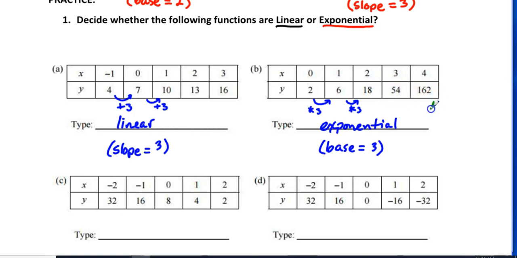So you can do 162 divided by 54. You grab a calculator and figure that out, and it works out to be 3. Similarly, if I did 54 over 18, that works out to be 3. And obviously we know that 18 divided by 6 is also 3. It's the common ratio. Just make a note of that.